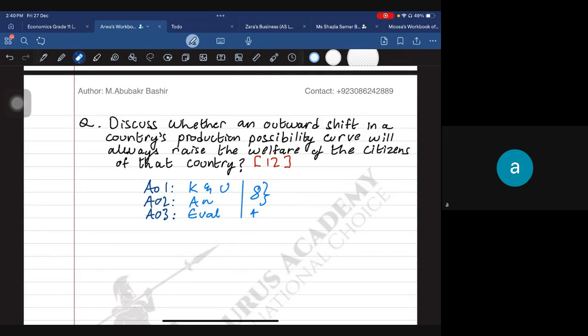You can give the introduction, no problem with that. But I'm just asking about the main things which will be in your first paragraph, or the start. I will have to add the PPC definition.